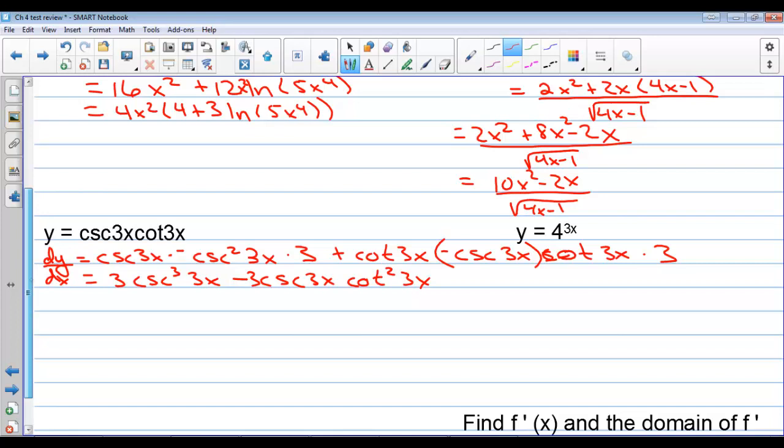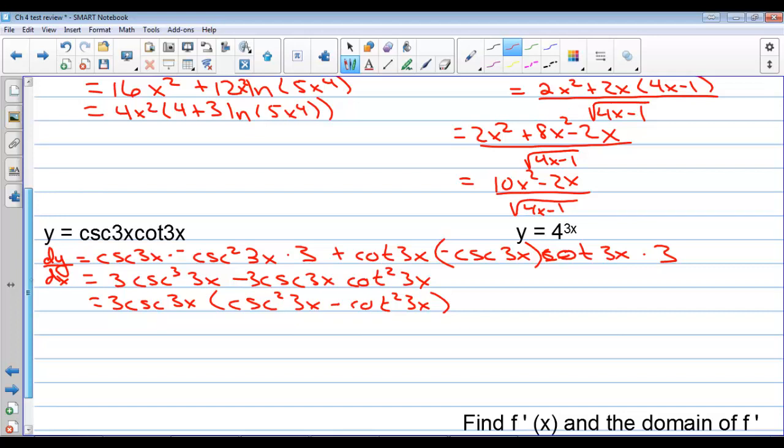We can factor out a 3 cosecant 3x. We get cosecant squared 3x minus, I'm taking the 3 out, looks like cotangent squared 3x. And, I missed the negative here.